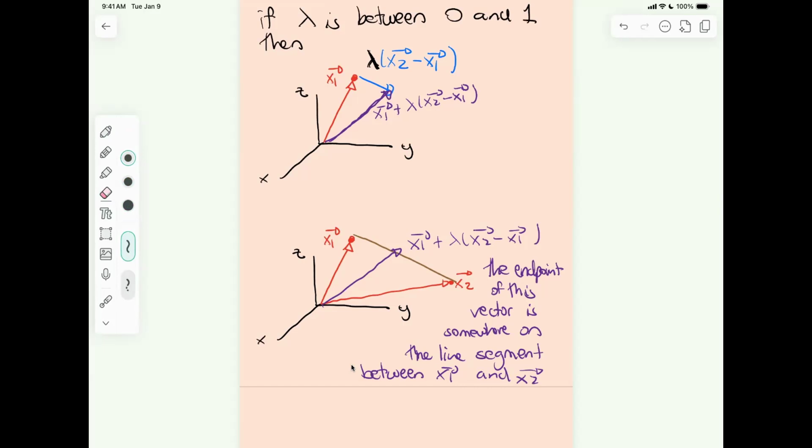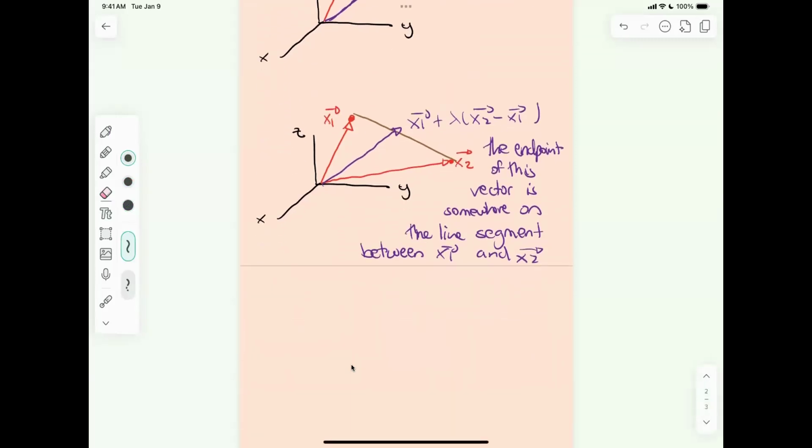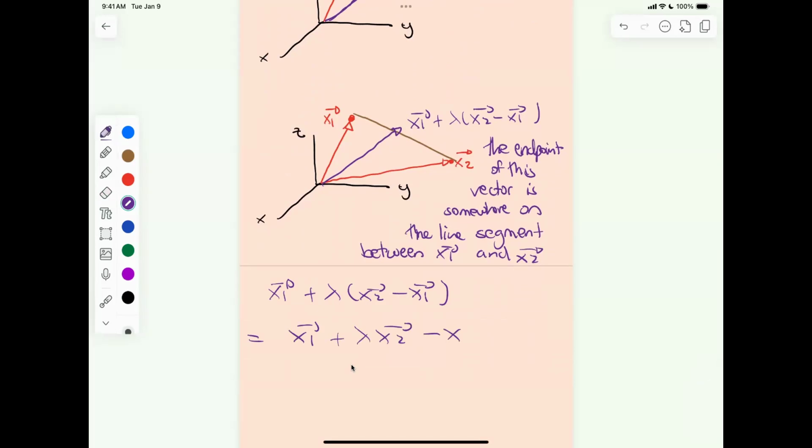Now, in practice, the way this is usually written is in a more convenient, nicer way. If you distribute the lambda, this is lambda x2 minus lambda x1.